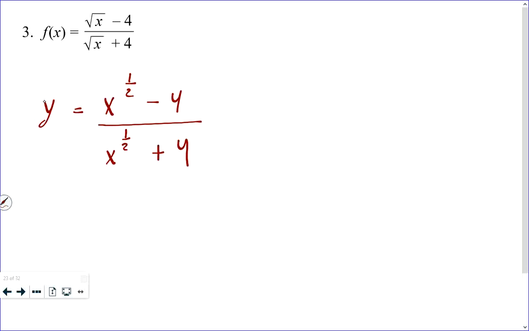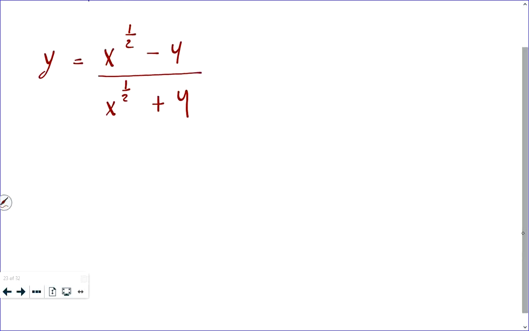So my first step is simply to rewrite this with exponents to make it sensible for me to differentiate the top or the bottom. Now I can go ahead and apply the quotient rule.